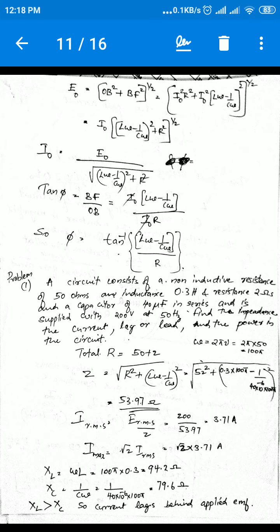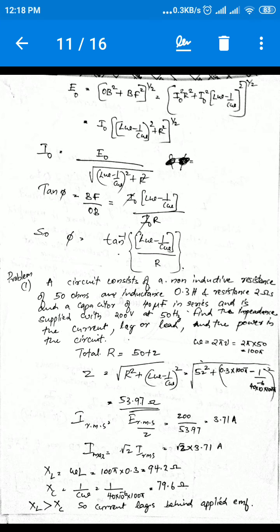The total impedance, we know that it is square root of R square plus L omega minus 1 by C omega whole square. Isn't it? So R we know 52 and L omega, L we know 0.3 into 100 pi minus 1 by 40 into, it is microfarad, so it should be 10 raised to minus 6. Micro always is 10 raised to minus 6.